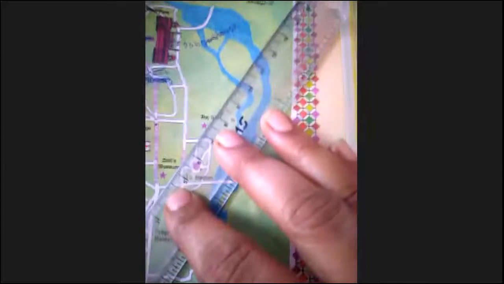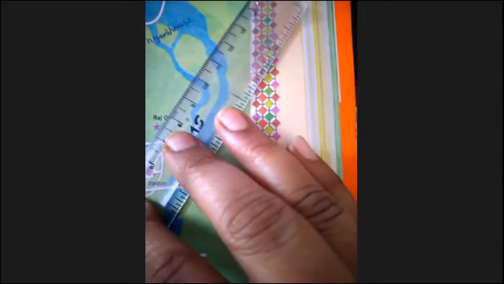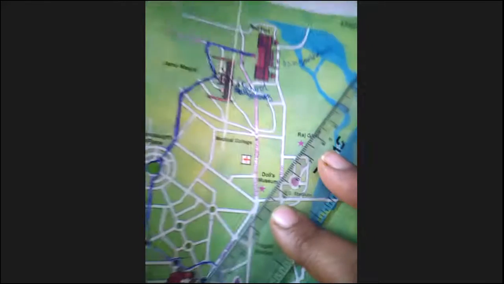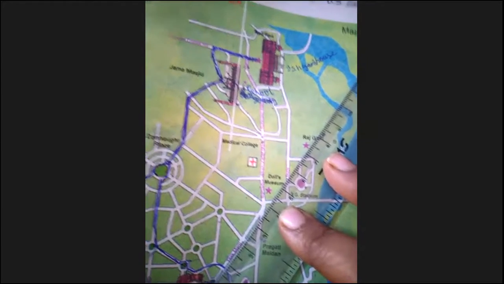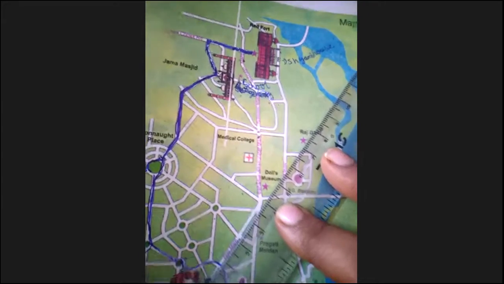From here to here, we have Tilak Marg. So observe this. Is it clear to you? Like this, you have to measure using a scale.